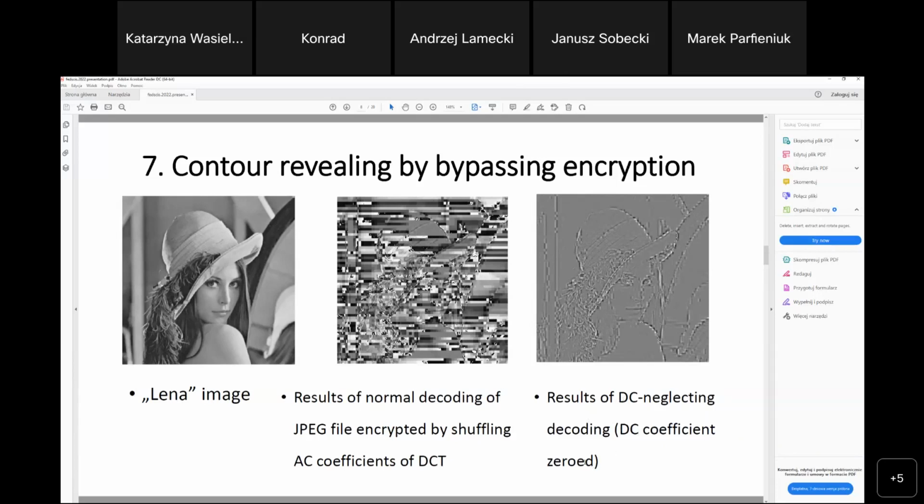Simply, DC coefficients are zero. As we can see, the image is not perfectly readable. Nevertheless, we can see edges, we can see contours, so some information can be revealed even though we don't know the encryption key.